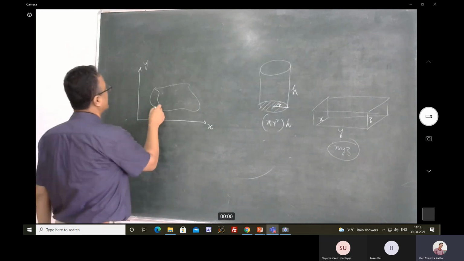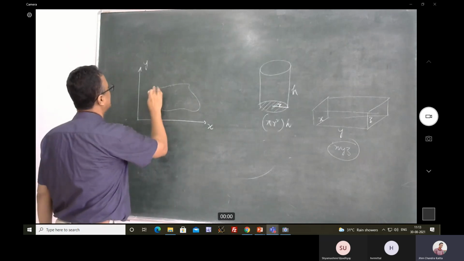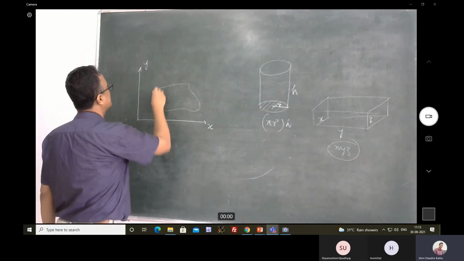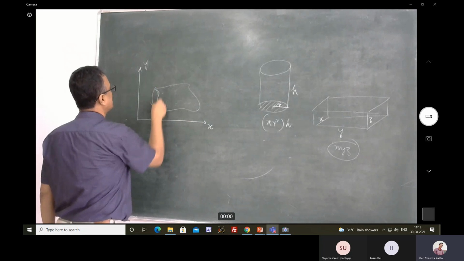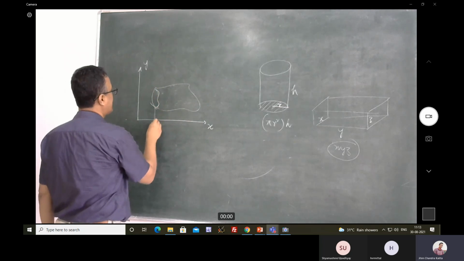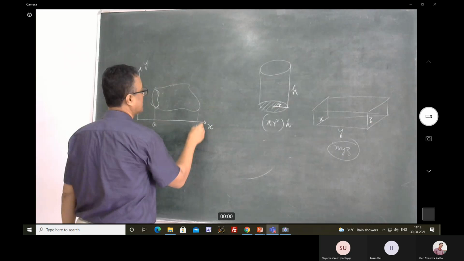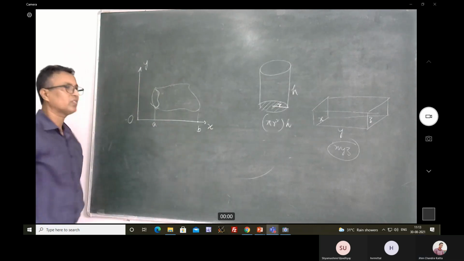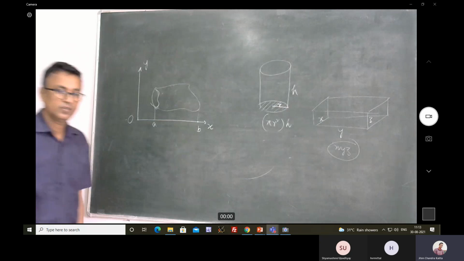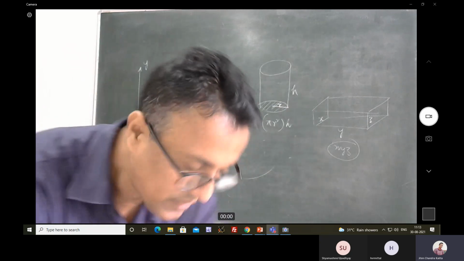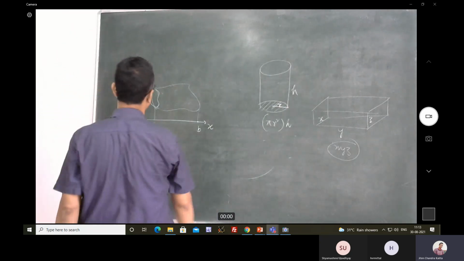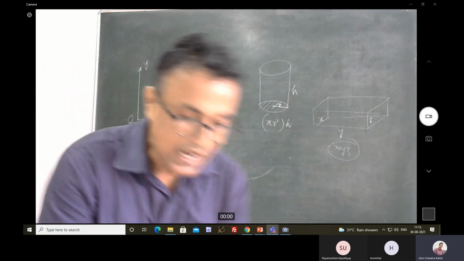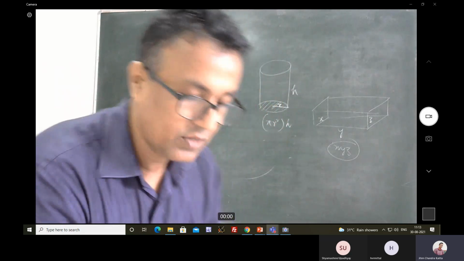Now we are going to assume that this solid lies in the interval AB along the x-axis. So I showed you the situation here.